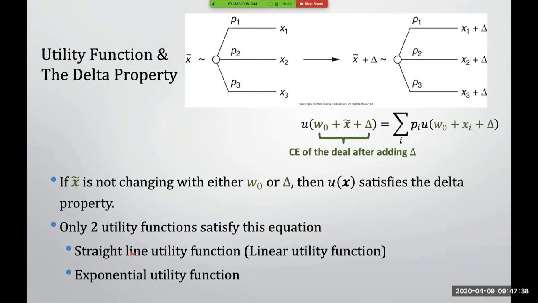Okay, so what we're going to do now is to prove that a straight line utility function satisfies this property. We use this equation, apply that to a straight line utility function, we solve for x tilde, and at the end of the process, you will find that x tilde is not dependent on W0 or delta.